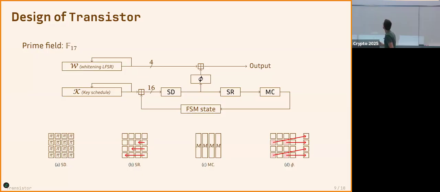At each clock cycle, we filter out 4 elements of the state. We add a bit of whitening here, and this gives us our key stream. So that's the layout of it.